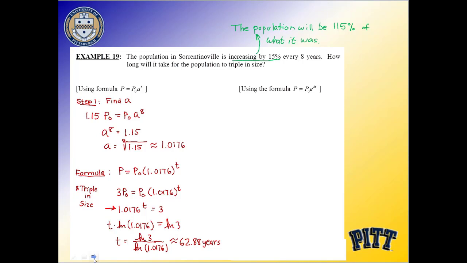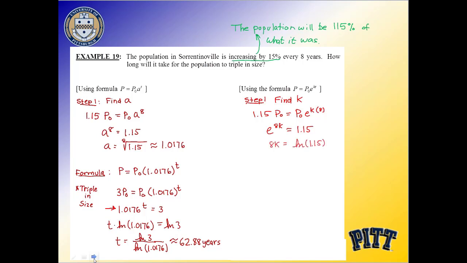Now, the only thing that's going to be different here is that, in the first part, I'm still going to assume that I have 115% of my original amount after 8 years. The only thing that's different is I'm going to be finding k, not a. So I'm going to have 1.15 p sub 0 equals p sub 0 times e to the k times 8, which means e to the 8k is 1.15.